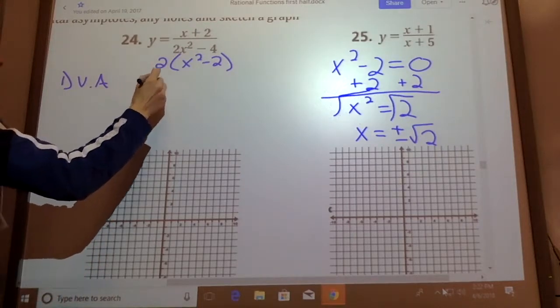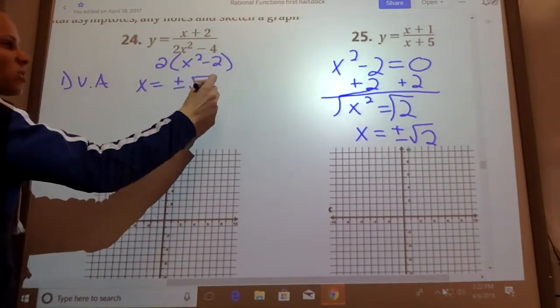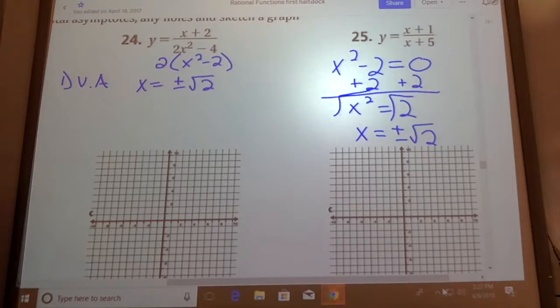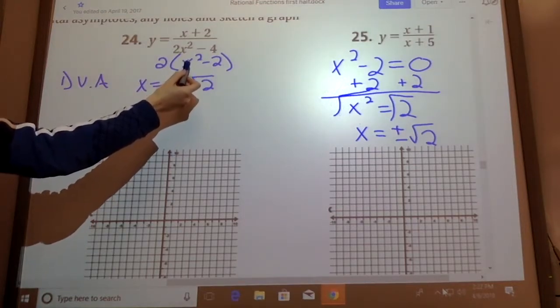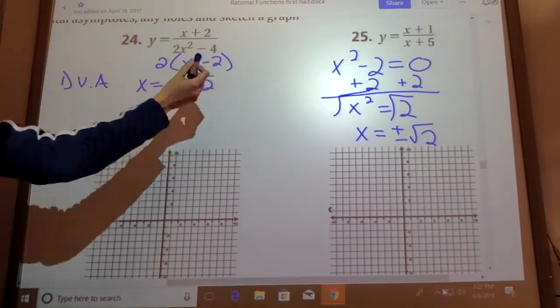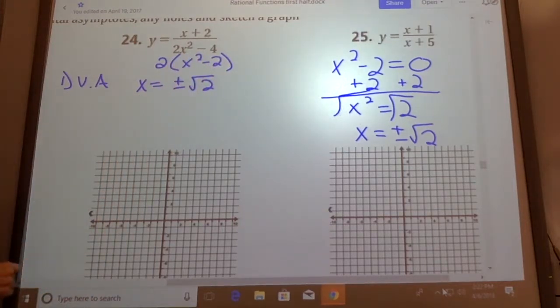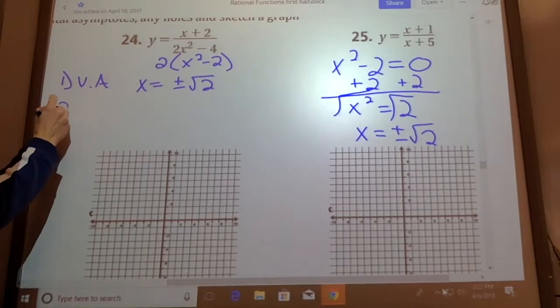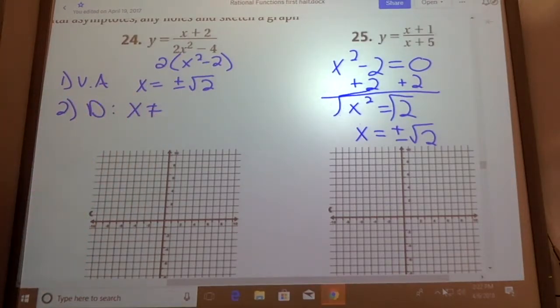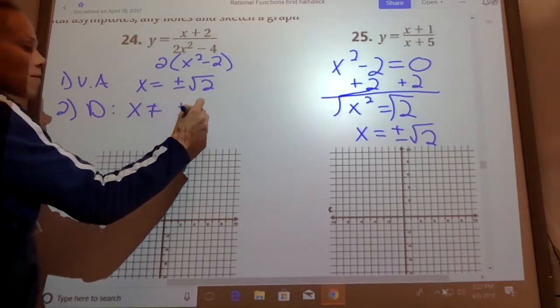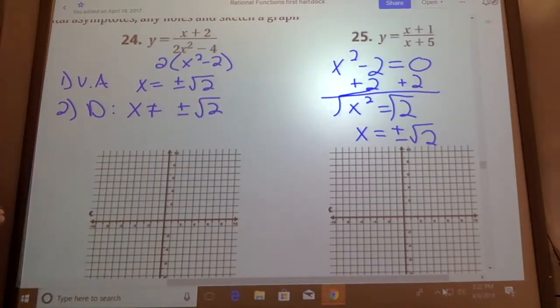So I'd have x equals plus or minus square root 2. And that should make sense if I put square root of 2 in here. Square root of 2 squared is 2, and 2 minus 2 then would be 0. Okay. Therefore, my domain, x cannot be plus or minus the square root of 2, because that's where my asymptotes are.